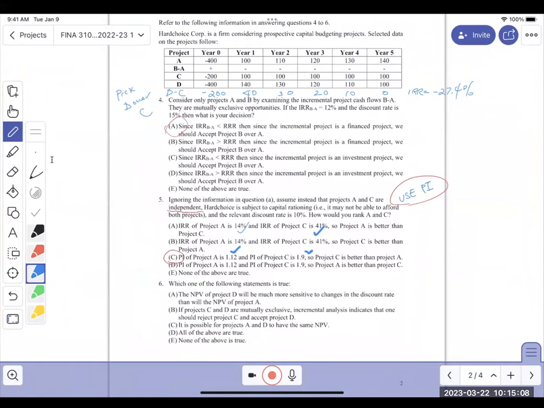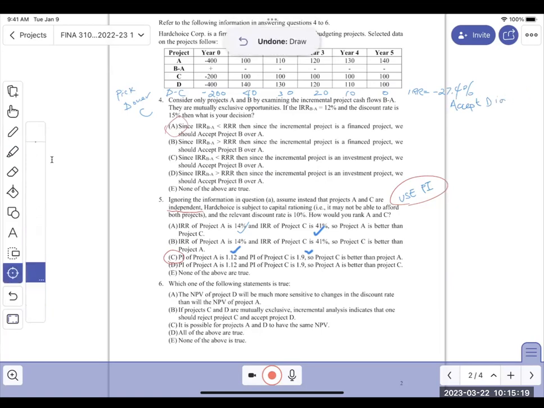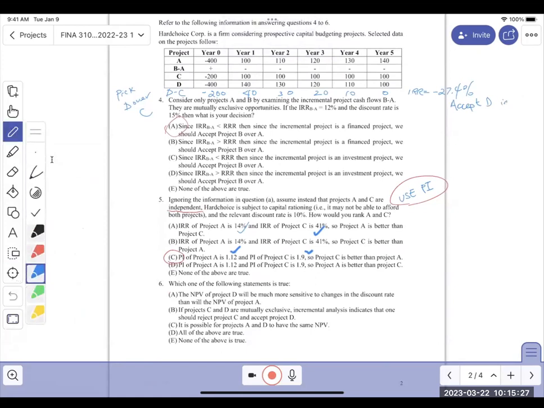Okay, so what you would say is you accept D instead of C. But this will never happen, right?